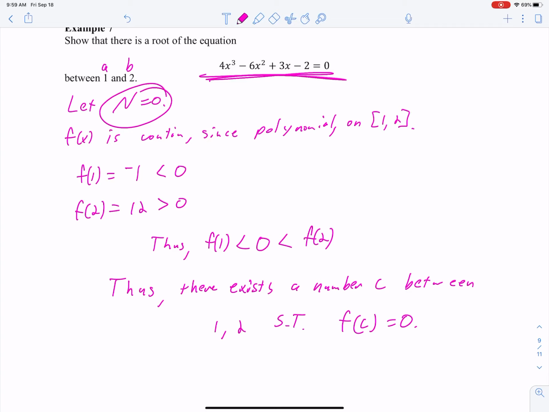This theorem doesn't tell us what that c value is. It doesn't tell us what the x value is where this root exists, where this x-intercept exists, but it definitely tells us there is one because we followed the theorem step by step.